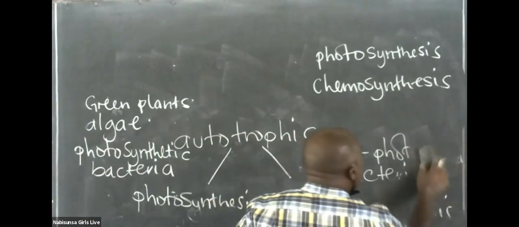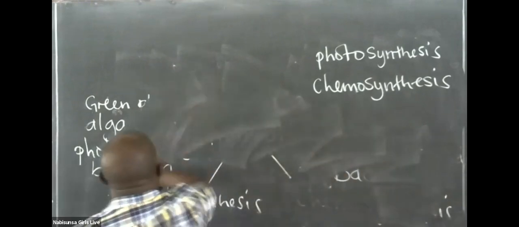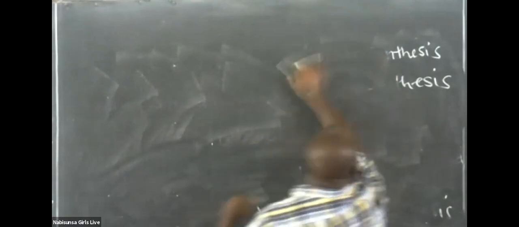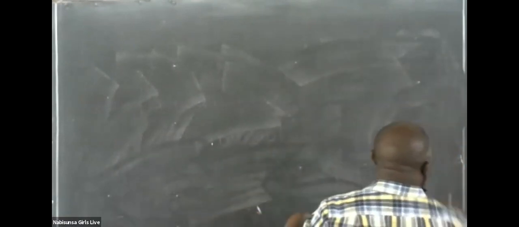Now, if we go to the second form of nutrition, for this organism, they cannot manufacture, but they depend on what has been manufactured by other organisms.